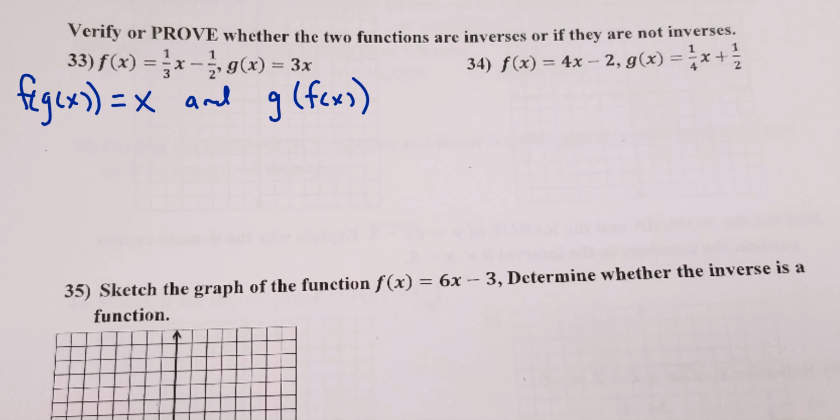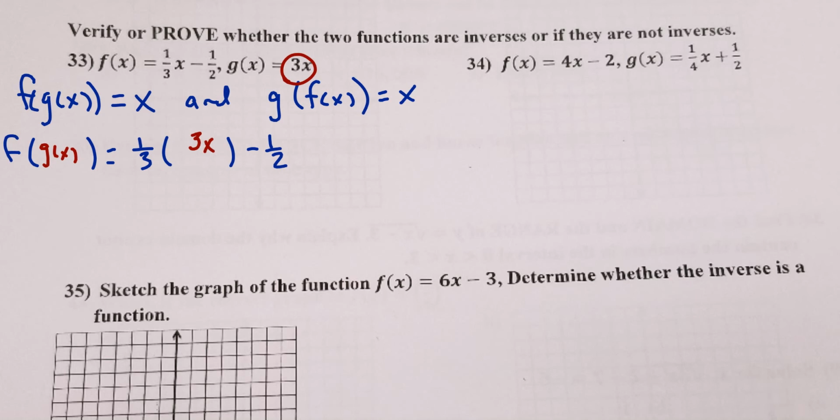So remember, I'm going to write f of big blank space equals 1/3 big blank space minus 1/2. And remember, I'm actually going to put g of x in there, and g of x is 3x. So I put 3x in right there. Now I'm going to simplify.